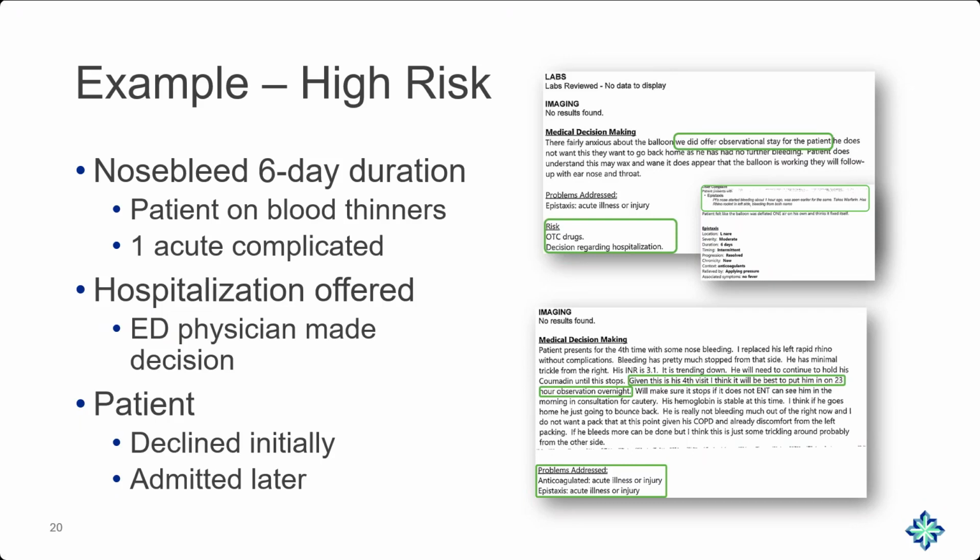Looking into the other parts of the documentation, I believe on the fourth visit they accepted the hospitalization just for observation, because again, those blood thinners are making that nosebleed quite risky.